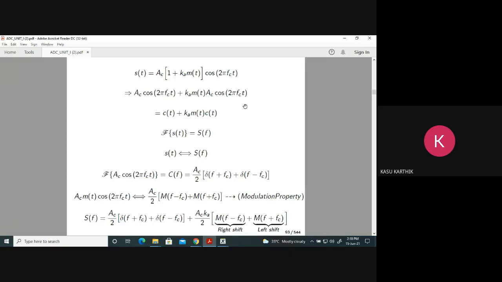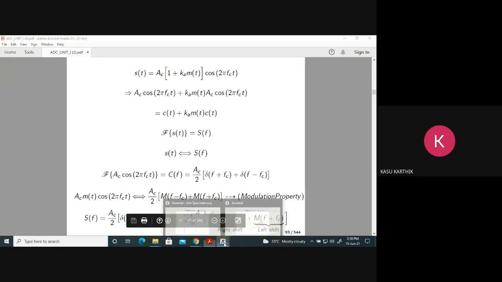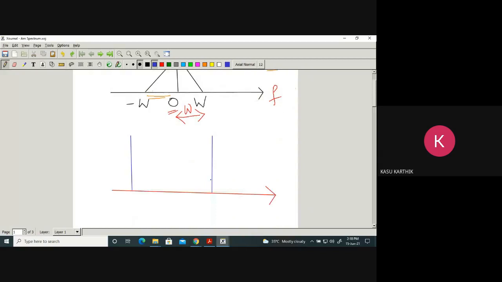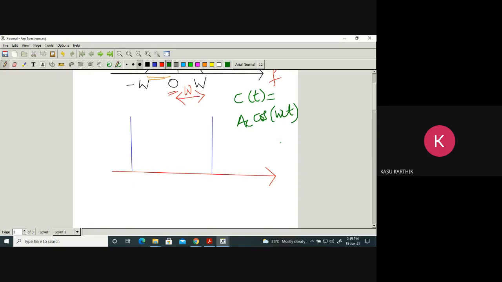Now, suppose c of t. What is c of t? Ac cos omega ct. What is the spectrum of Ac cos omega ct? If you take the Fourier transform of the cos term, you get two impulses, at fc and at minus fc.